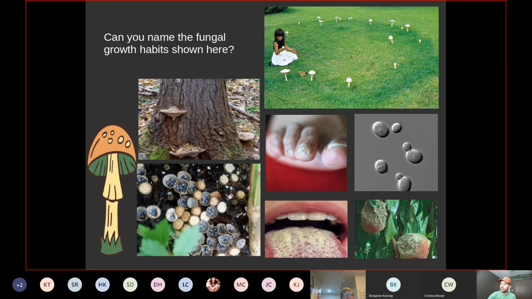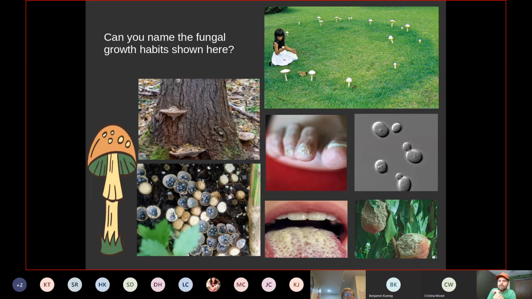Name the fungal growth habit. I'm going to start at the top with this little girl. Anyone? Is that one called a fairy ring?